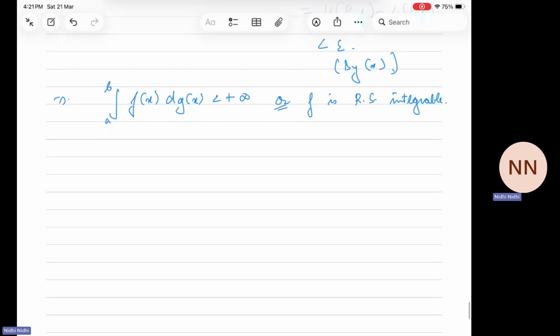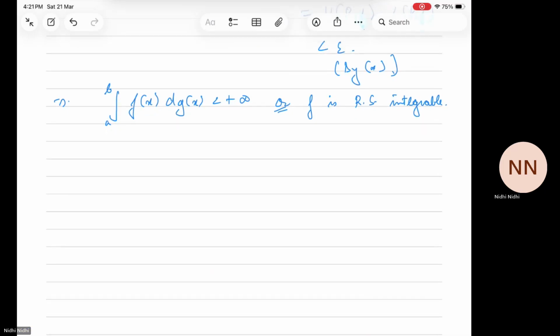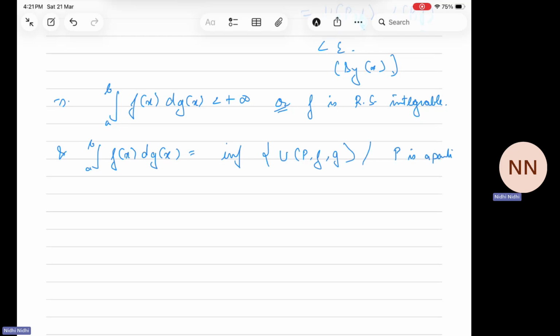So in that case, the integral from a to b of f(x) dg(x) is equal to the infimum of U(P, f), where P is a partition of [a, b], which is equal to the infimum of the summation of capital M_i.